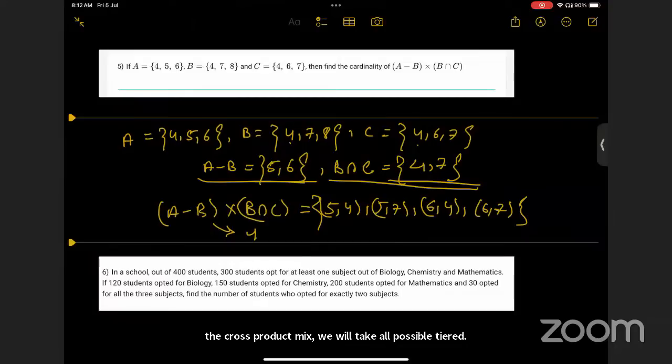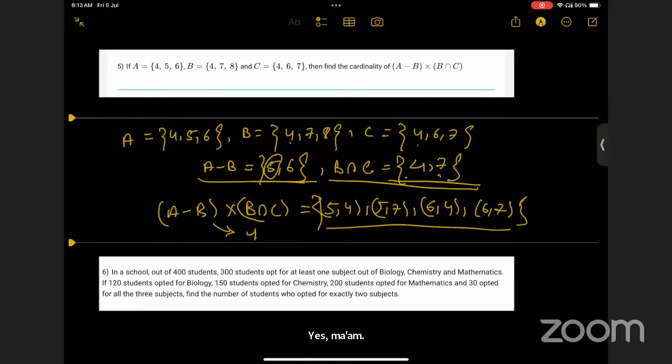If you have 5 here, you will take a pair with both the elements here. So we are taking all the possible pairs, right? Now is it okay? Yes, ma'am. So we can move to the next question, right?